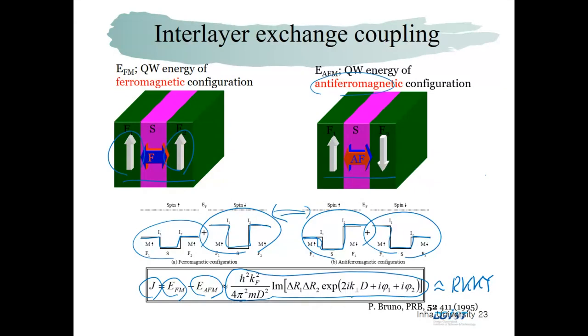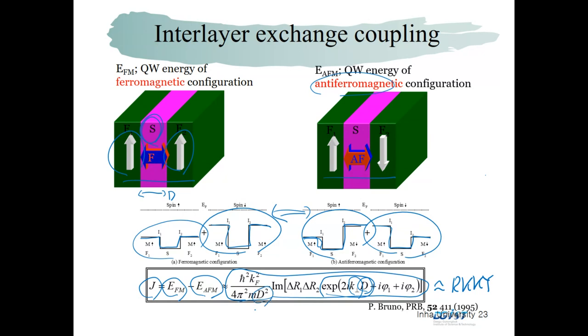In this equation, we can see the k vector, which is actually in the spacer layer, not the ferromagnetic layer. So this oscillation period, this d, is the thickness of the non-ferromagnetic layer. This equation represents the oscillation of the sign of the coupling because of this exponential term.